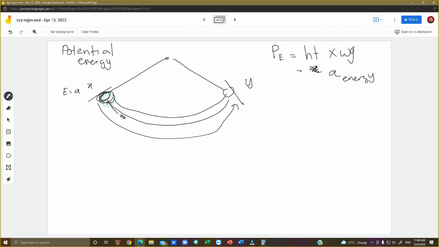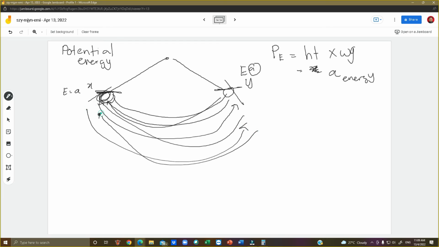When it goes down, this alpha energy will be recharged here because it is at the same height. The same height has the same potential energy, and with the same alpha energy, it will return. It goes that way all the way.